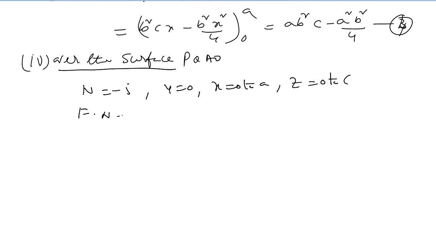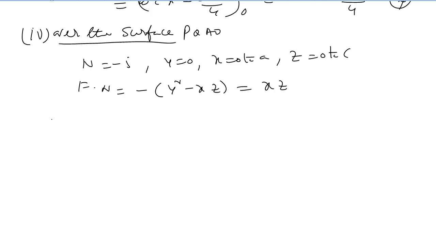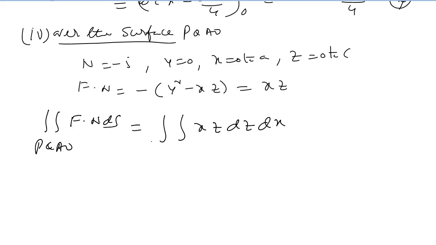F dot n equals minus of y square minus xz, that is xz, because y is 0. Double integral of f dot n ds over the surface PQAO equals double integral of xz dz dx. X is 0 to a, z is 0 to c.